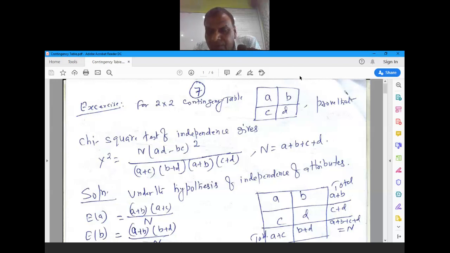Now we make a row total and a column total. In the last class, I have already discussed how we calculate the expected values of a, b, c and d in a 2 by 2 contingency table. Do you remember or not?